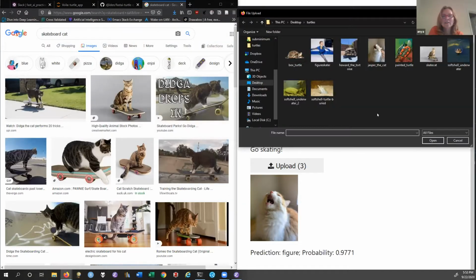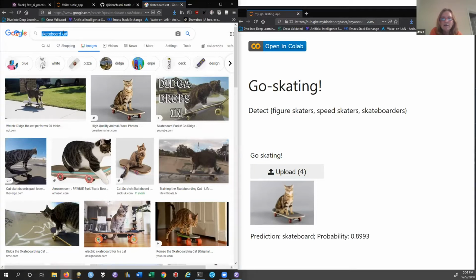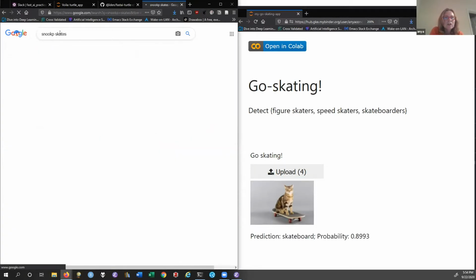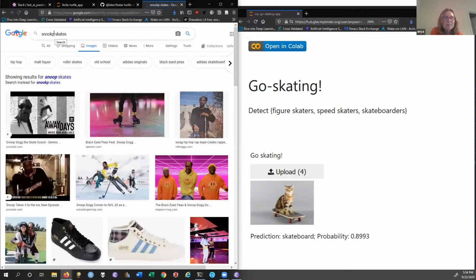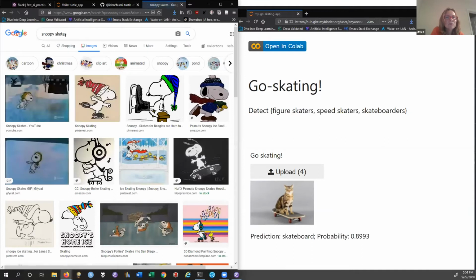Because I tried multiple animals on skateboards. Wow. Here we go. And I tried Snoopy because Snoopy is, you know, often shown on skates. So Snoopy on skates sometimes was returned as a skateboarder. Should I try this one?